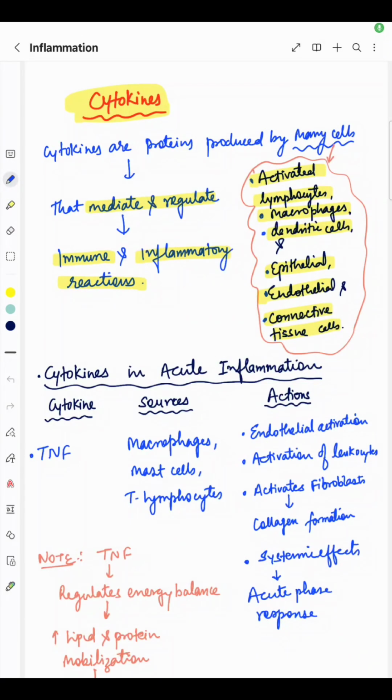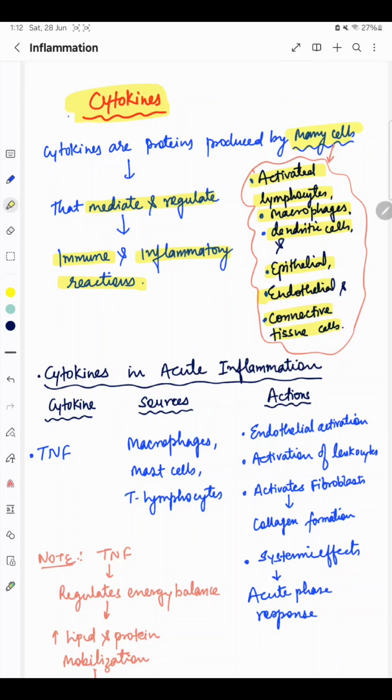Hello everyone. Now we are going to discuss the second part of inflammatory mediators, cytokines. So what are cytokines? Cytokines are proteins produced by many cells, namely activated lymphocytes, macrophages, dendritic cells, epithelial cells, endothelial cells and some connective tissue cells.